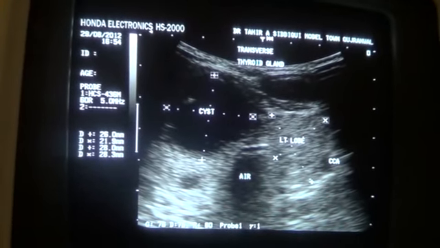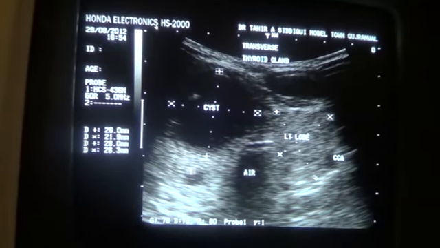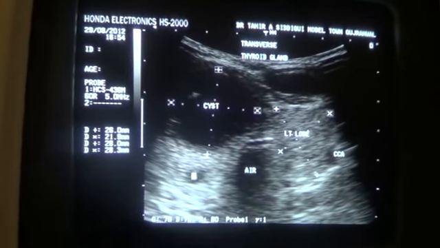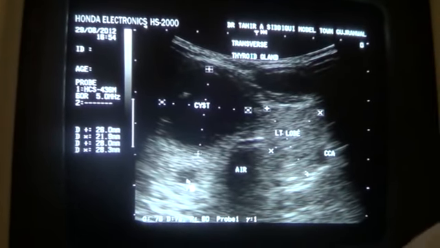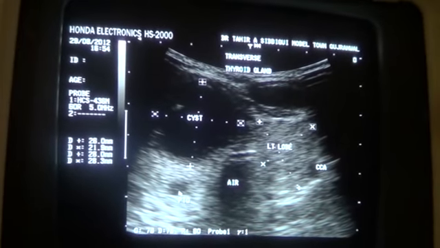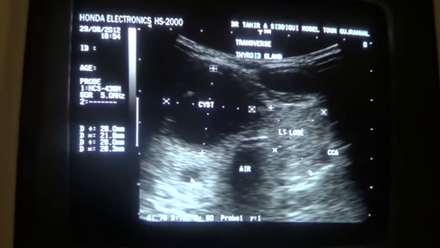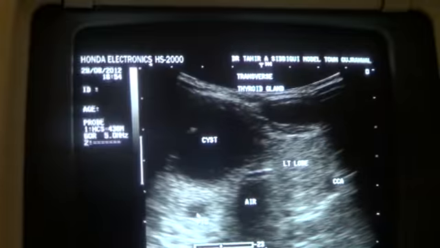in fact, this small hypoechoic area is the parathyroid gland at the posterior medial end of the right lobe of the thyroid gland.